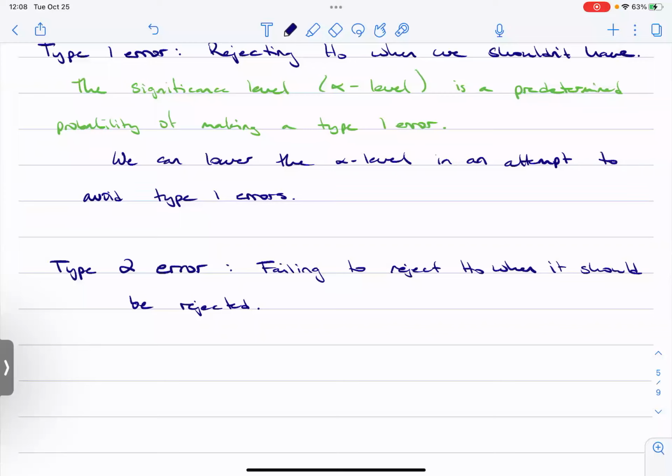That's harder to control for. What does that mean? It means that there is a significant difference here, but you weren't able to pick up on it. Usually that's only due to your sample size being too small.